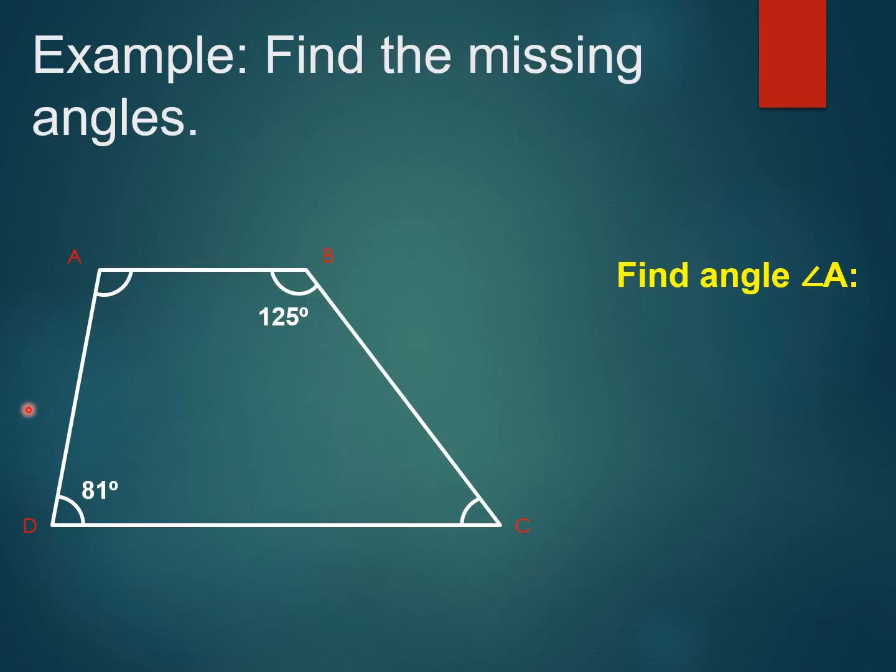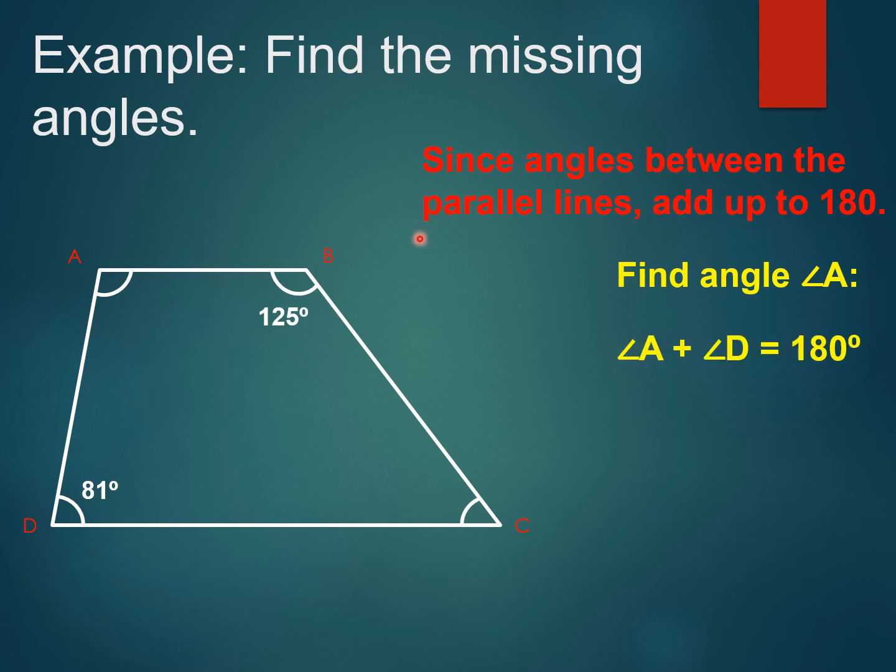Find the missing angles. So we have here a given figure which is a scalene trapezoid. The missing angles here are angle A and angle C. We're going to find angle A first. Since angles between the parallel lines add up to 180, we can say that angle A plus angle D is equal to 180 degrees.